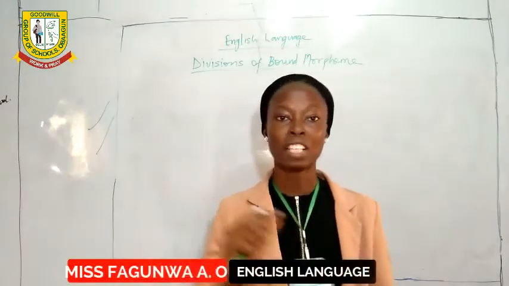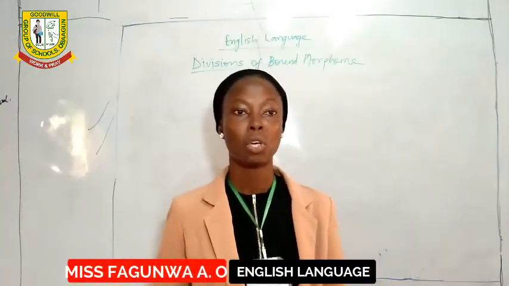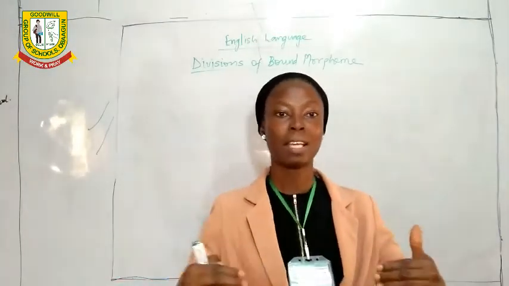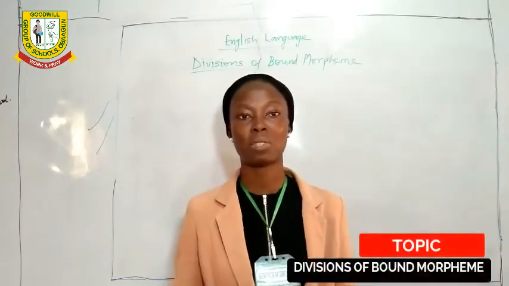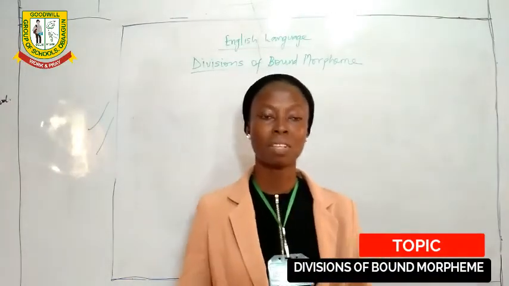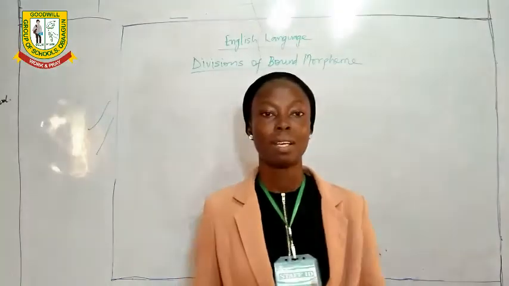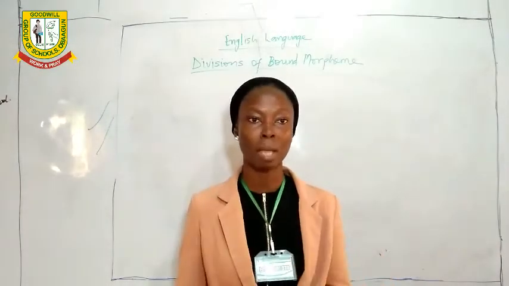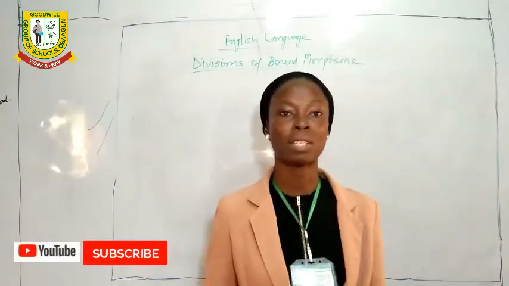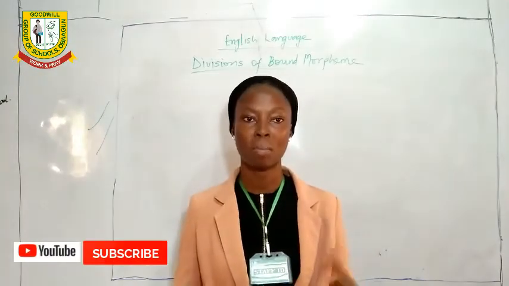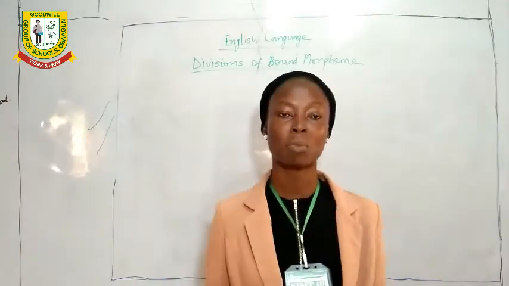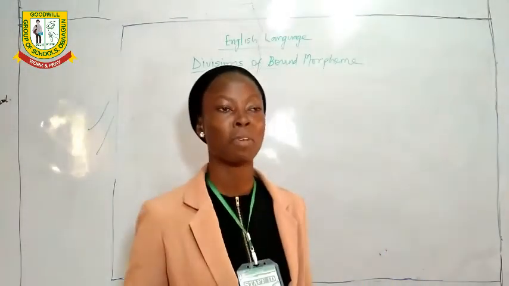Mind you, I drew a diagram for you which displays these three major divisions as prefixes, infixes, and suffixes. Explanation of each type will be given now, and numerous examples will as well be cited just to validate my claim on morpheme.